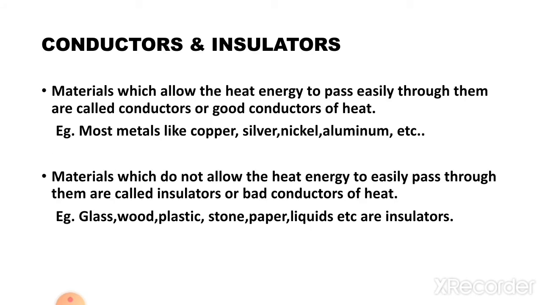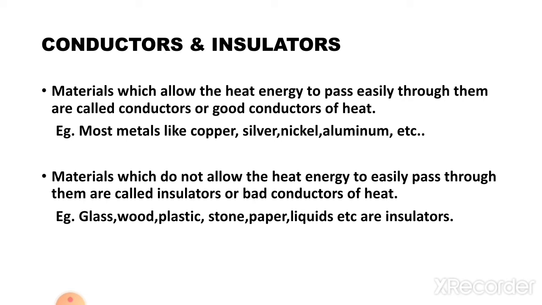Next is about conductors and insulators. The materials which allow the heat energy to pass easily through them are called conductors or good conductors of heat. Most metals like copper, steel, nickel, silver, aluminum, etc. are good conductors of heat.